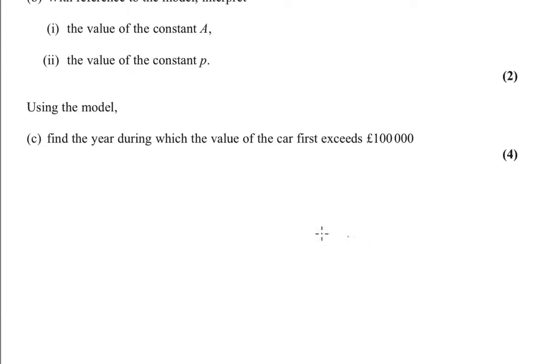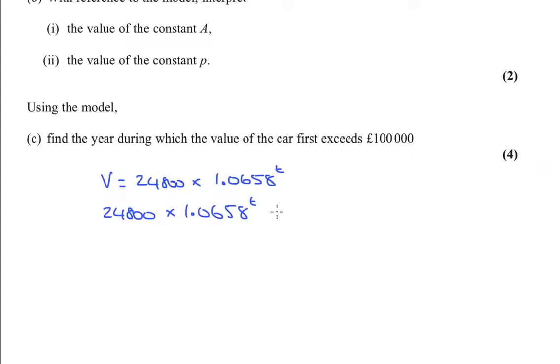And part C wants us to use the model that we've worked out. So we've got the value is 24,800 times by 1.0658 to the power of t. When is the value first over 100,000? So when does this become greater than 100,000?